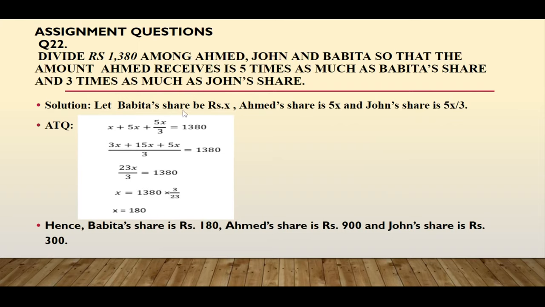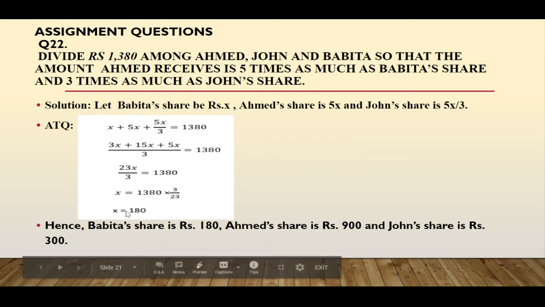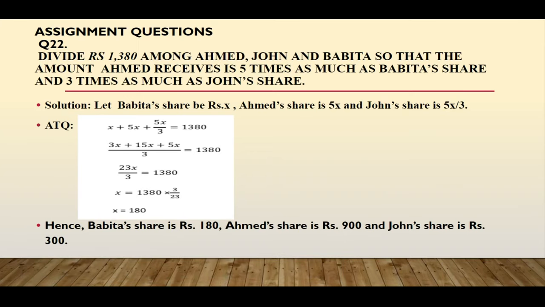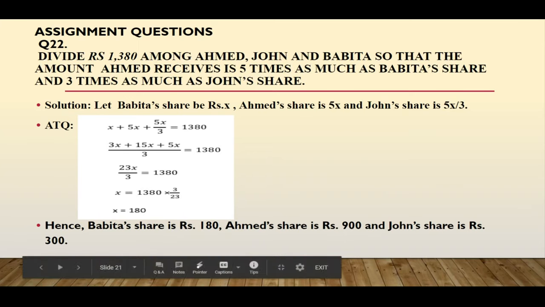Now, if you add all the 3 shares, that is Babita's share, Ahmed's share, and John's share, it will be 1380. Again, you'll take the LCM and then simplify this equation. The transposition method will be used and you'll get the value of x as rupees 180. So Babita's share is rupees 180, Ahmed's is 900 and John's share is 300.